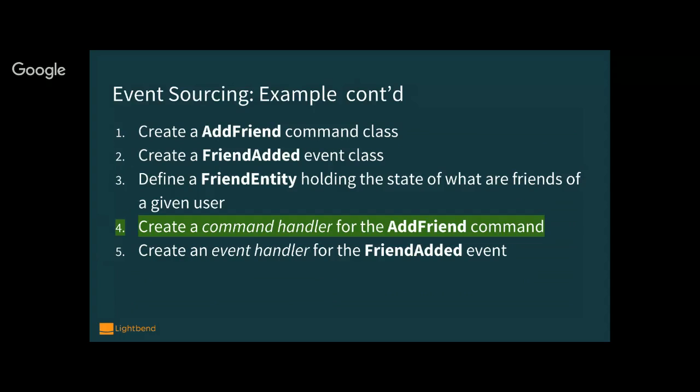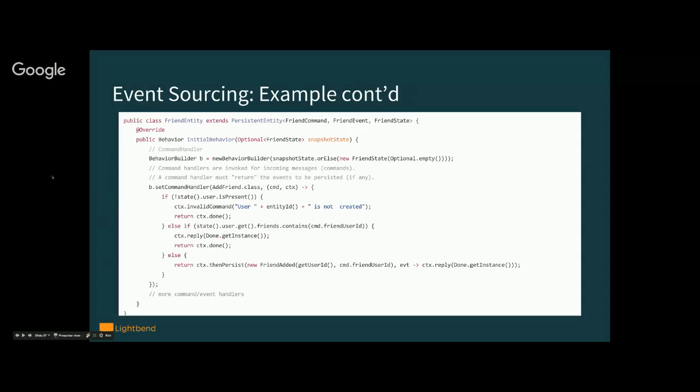Now we're going to create the command handler and the event handler. So now we have the command handler. Essentially, the command is going to come in. And again, this is part of our friend entity. All this is in the same class. And the command will come in, and if the state of the user is not present, then we're going to throw an error because the user has not been created yet.